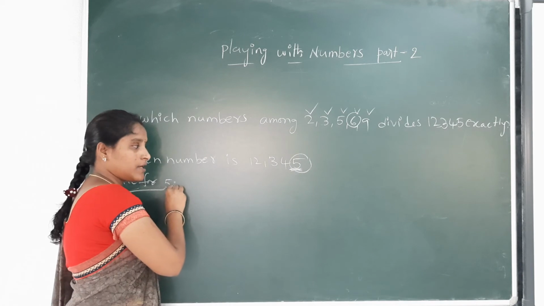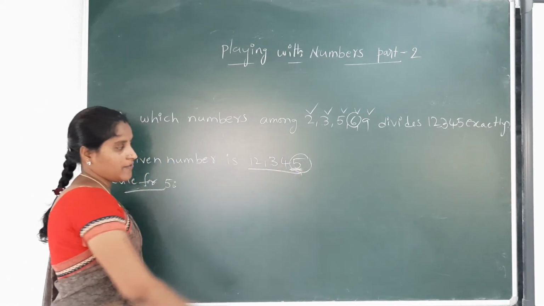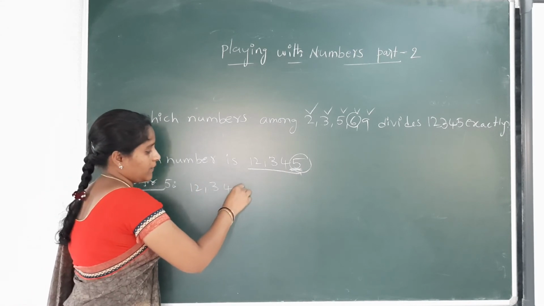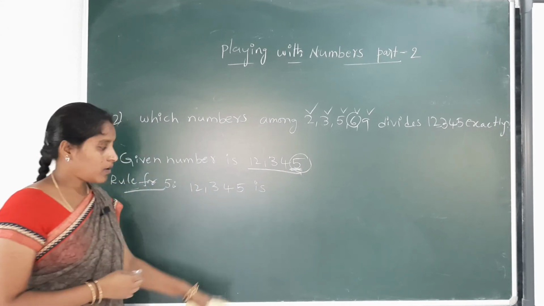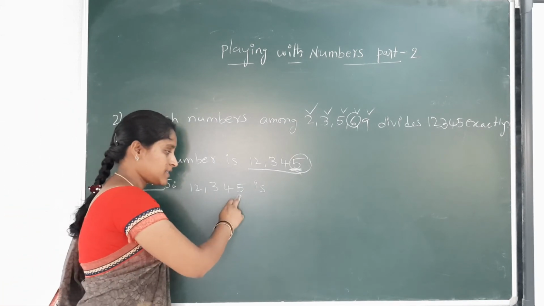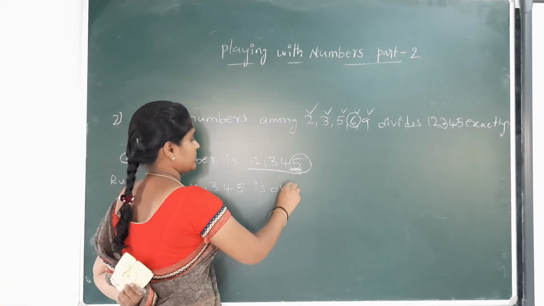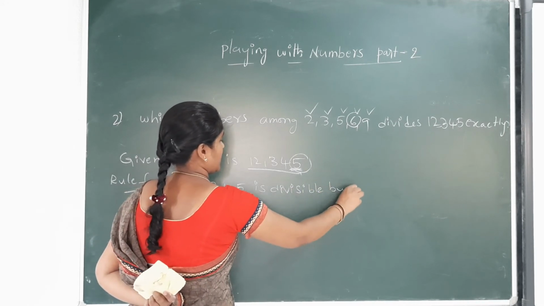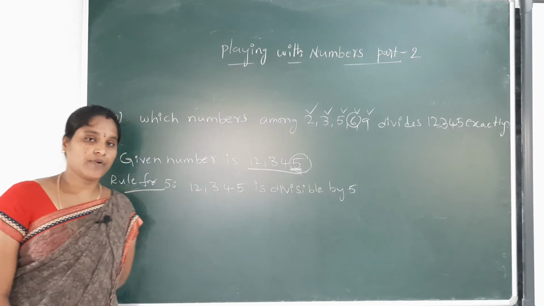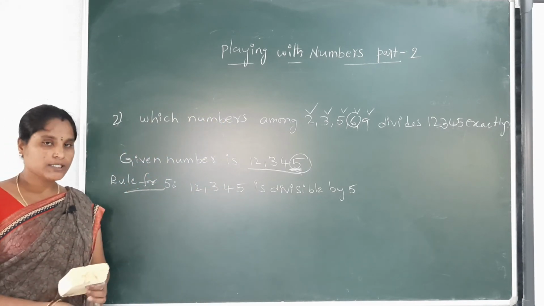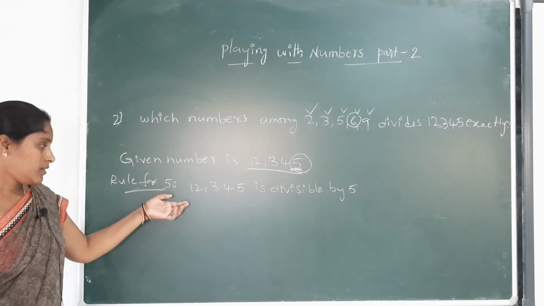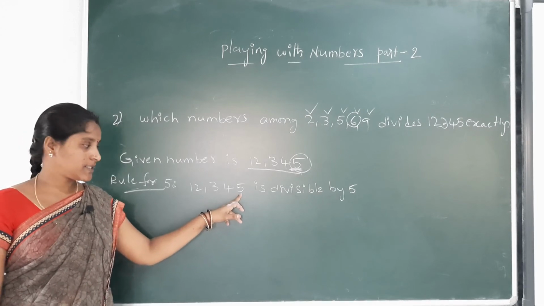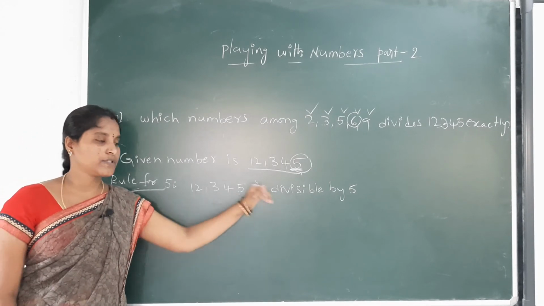So 12,345 is divisible by 5, because its units place digit is 5.